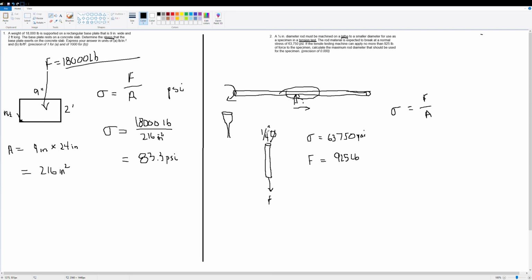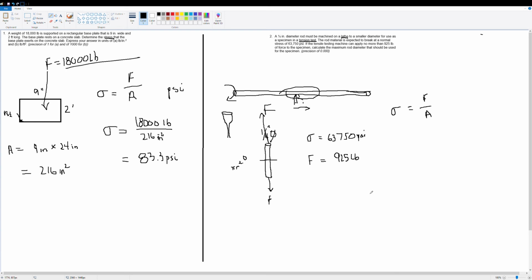We can hold it stationary and it's going to pull upward as well. So it's going to be stretched. The area is this cross-sectional area. If I took a slice down here, that would be a circle. We know the area for a circle is pi times radius squared.